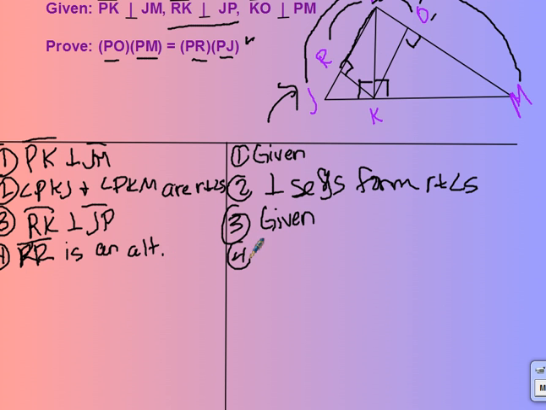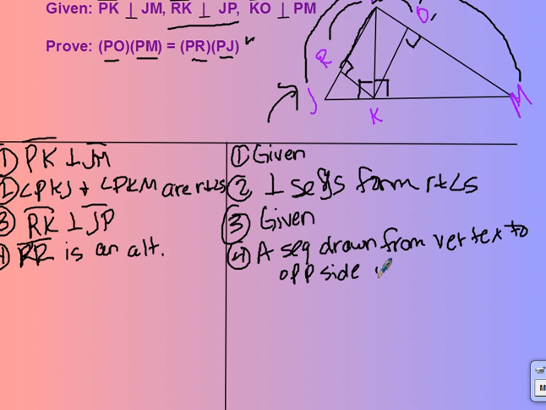We're going to say a segment drawn from a vertex of a triangle perpendicular to the opposite side is an altitude. So let's make sure we get that correct. All right, so that gives us that information.